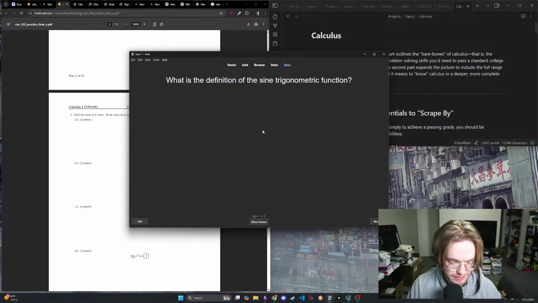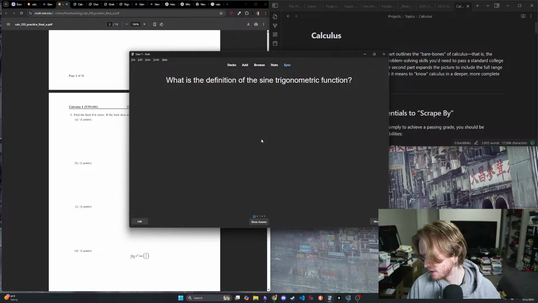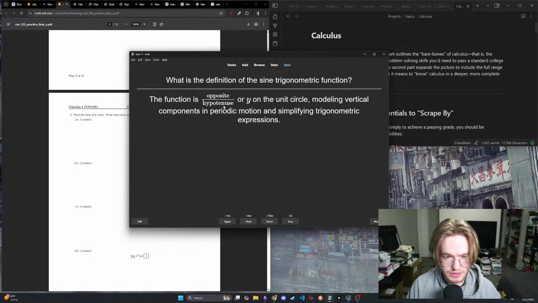Its definition is the relationship in a right triangle, I guess not the relationship, but the ratio of the opposite side over the hypotenuse on the unit circle.